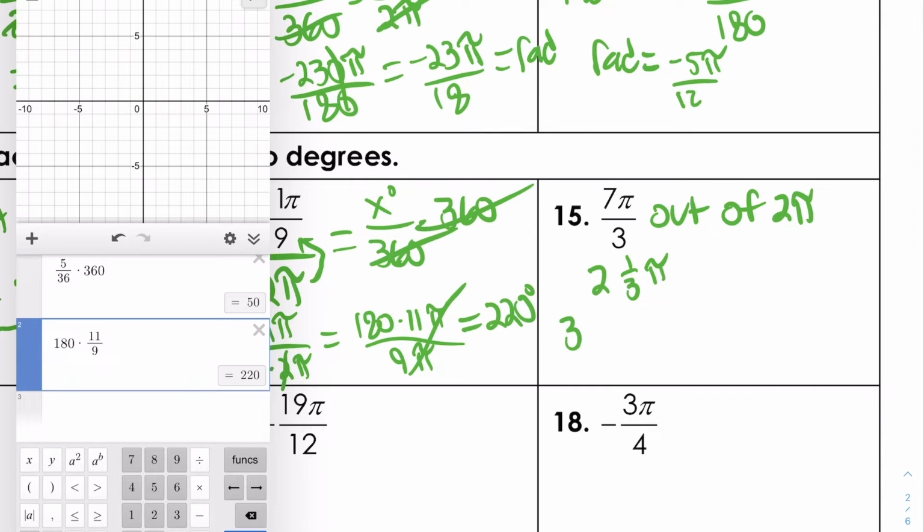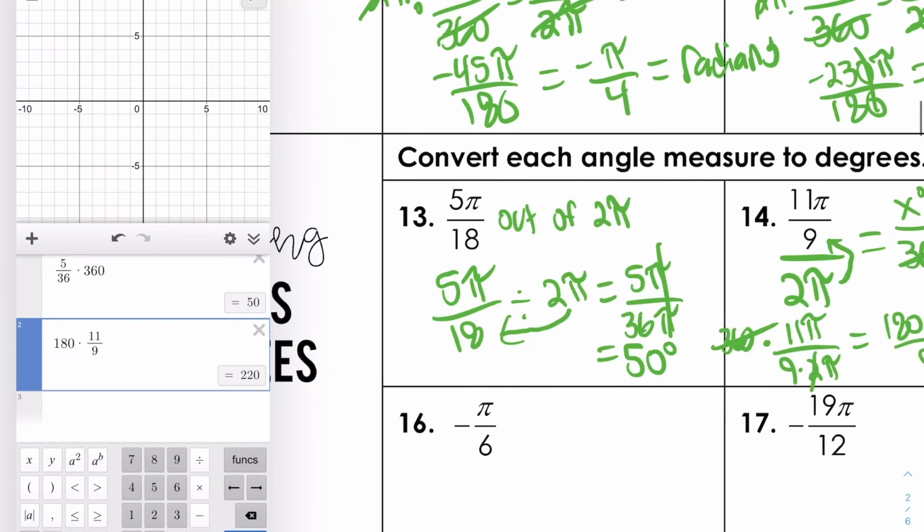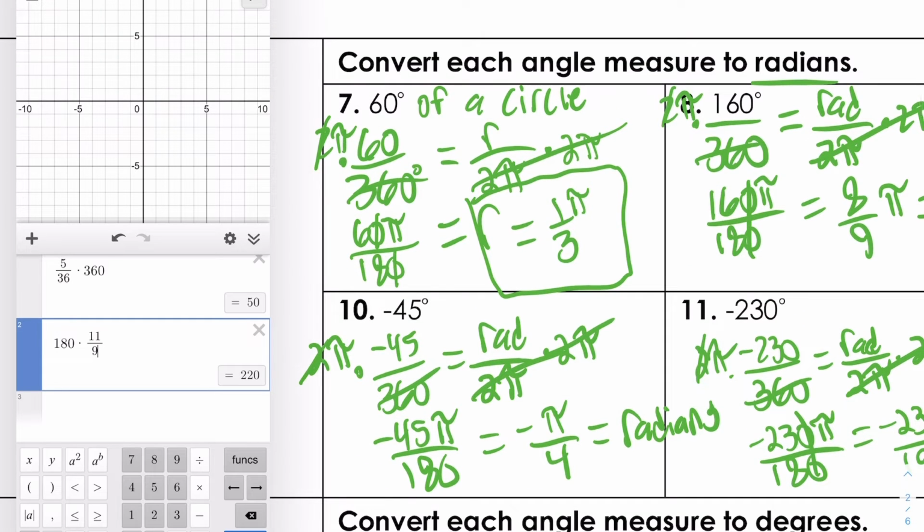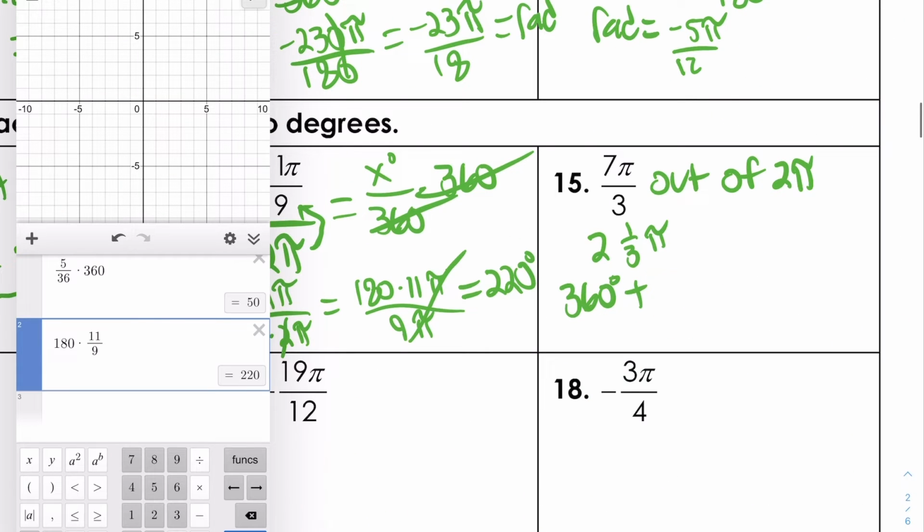This one's going to be 360 degrees plus however much 1/3 of pi is. And we haven't done that one yet, or did we? Well, we figured out up there that 60 degrees is 1/3 of pi. So when we add those two angles together, we'll get 420 degrees.